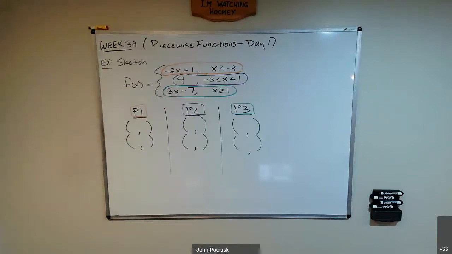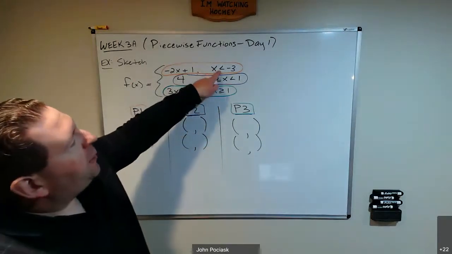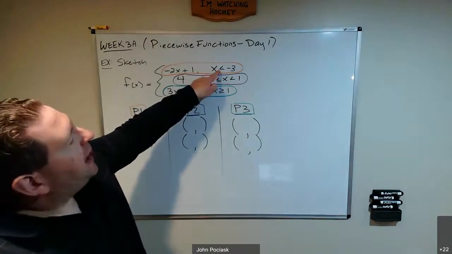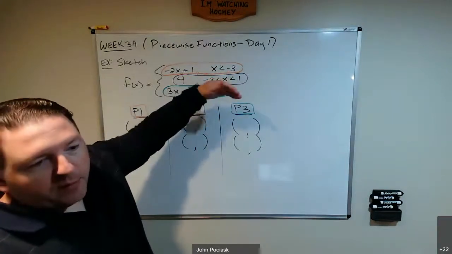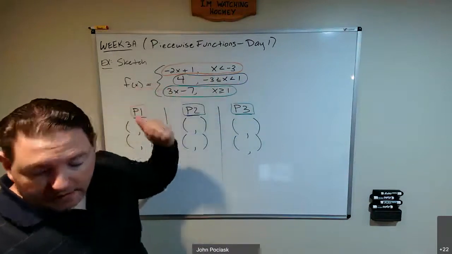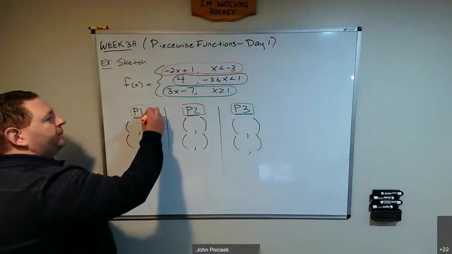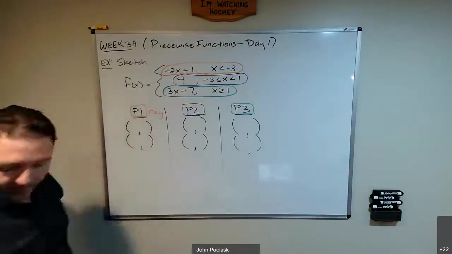Now, before you do any work, it is helpful if you mark down what the piece is going to look like. You don't need any math to do this. You look at the inequality and think about what it would look like on a number line, right? So x is less than negative 3, that would be a ray. Starts at negative 3 and it goes to the left forever. So your piece is going to be some sort of ray for piece 1.